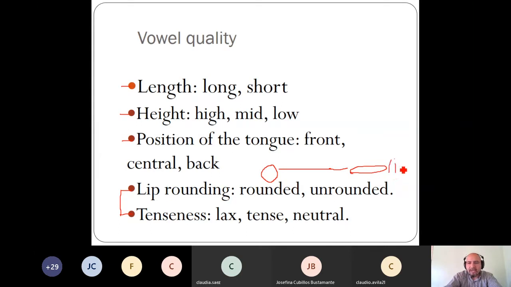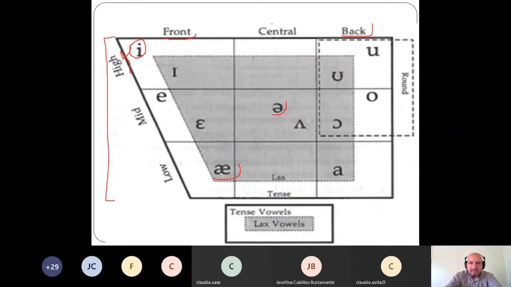So we are going to call that the lips are unrounded. And when you say, for example, oo, that's going to be a rounded vowel sound. It's very easy to see here in this chart because all of the rounded vowel sounds are here. All of them are rounded, and the rest are unrounded. Okay, so E would be unrounded.